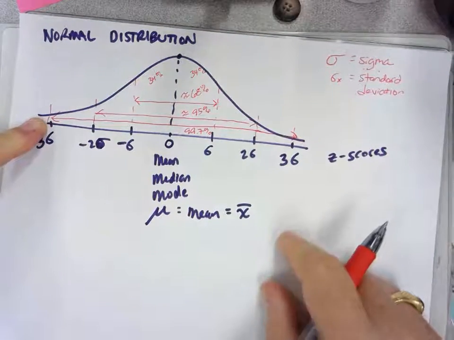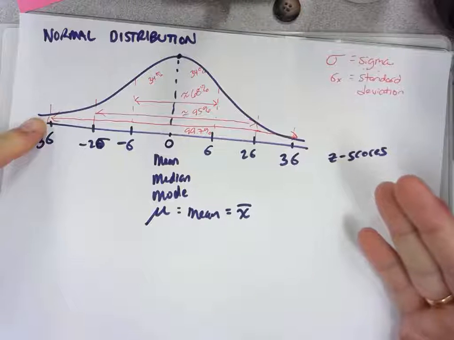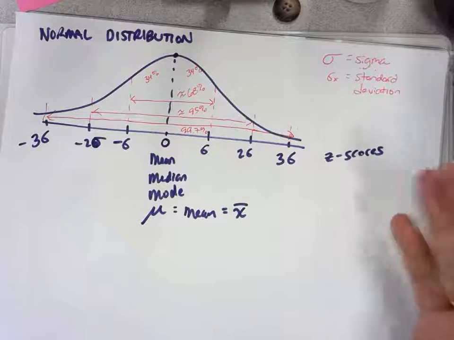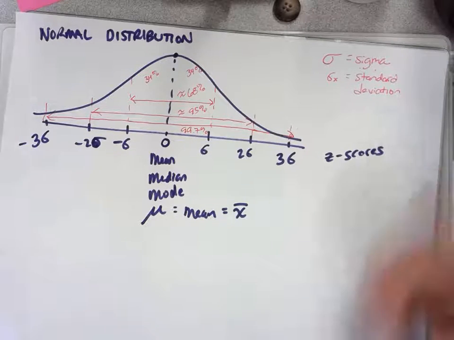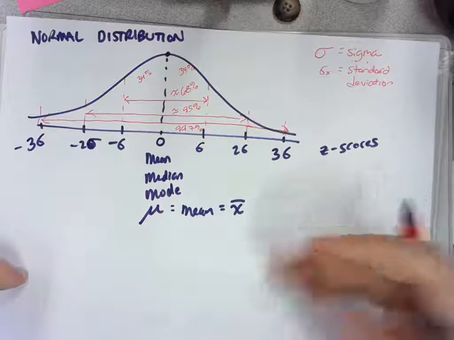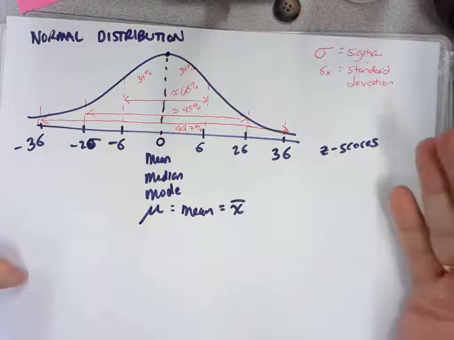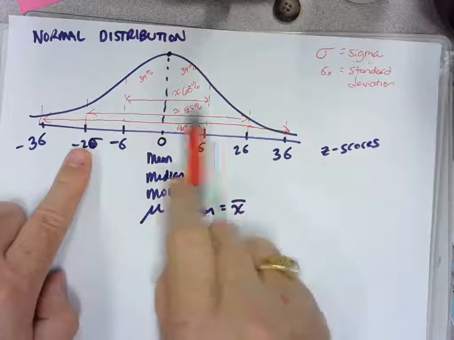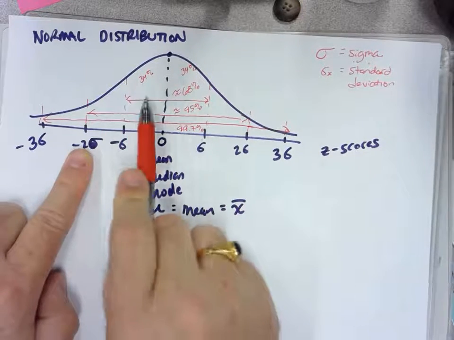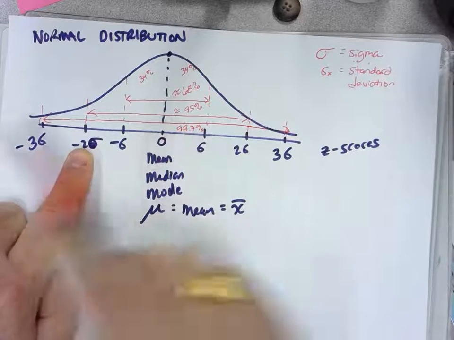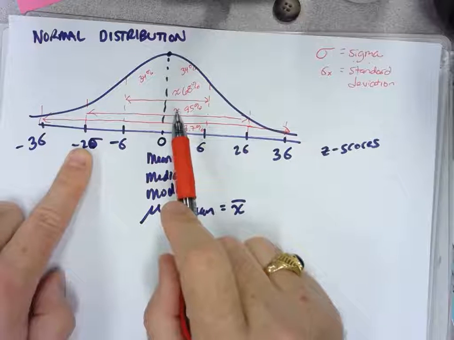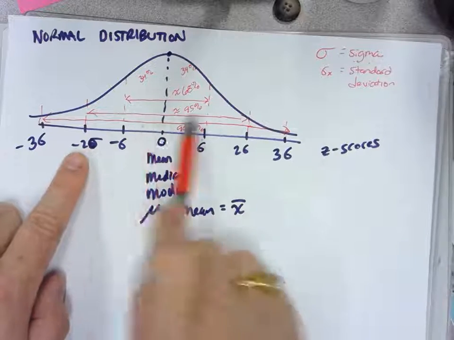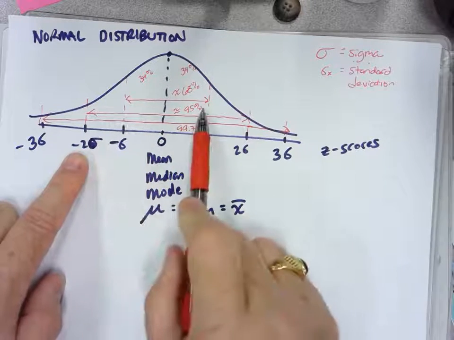Because if I'm asking you what's the probability, or the percent of scores that sit between two values, and a percent can be a probability, because this is basically a probability distribution. If I want to know between these 2 values, I simply add up the area under the curve, this percent plus that percent plus that percent. When you do a normal CDF, that's exactly what's happening, adding up that area.